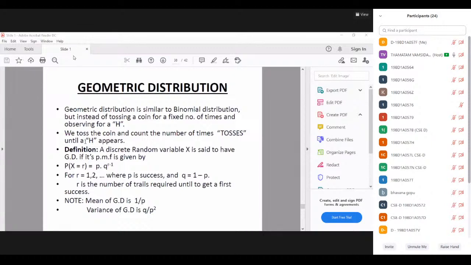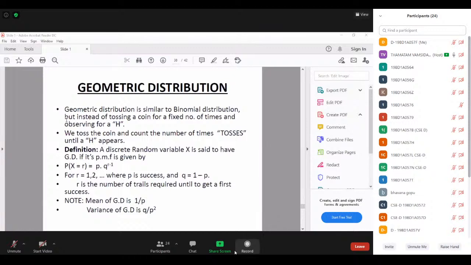Already we learned binomial distribution and Poisson distribution. These two are for discrete case. The random variable is a discrete random variable. And geometric distribution is also in case of discrete random variable.